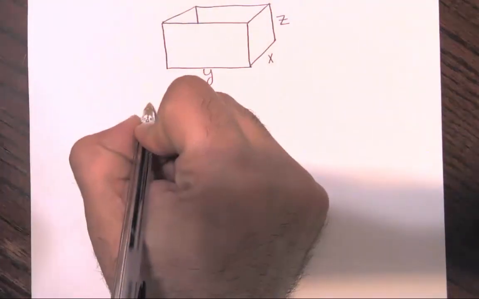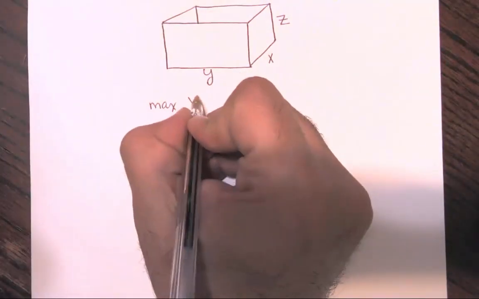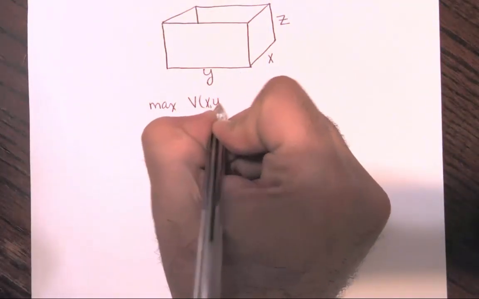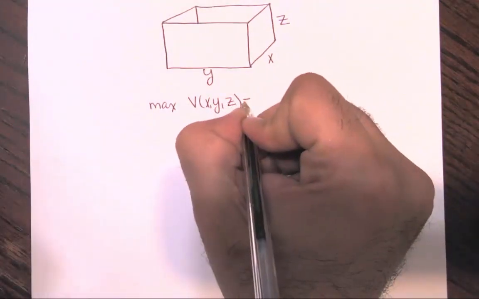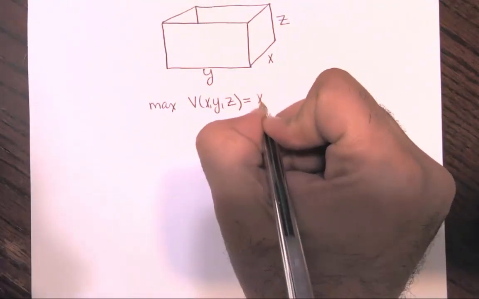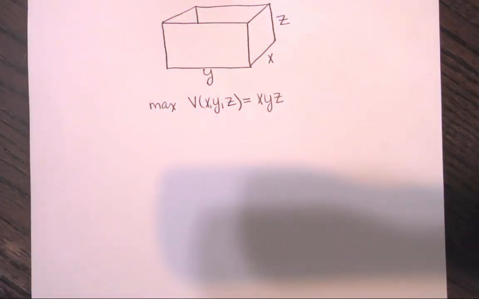And I want to maximize the volume. Of course, the volume would be a function of the dimensions of the sides, and well, we know what the volume is. It's x times y times z. I want to make as big a box as possible.